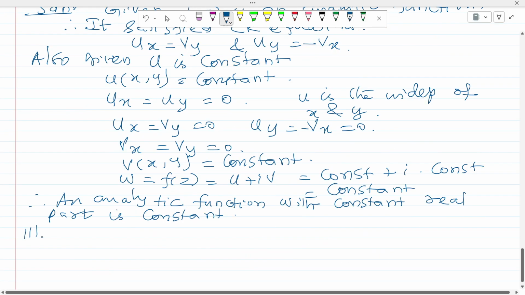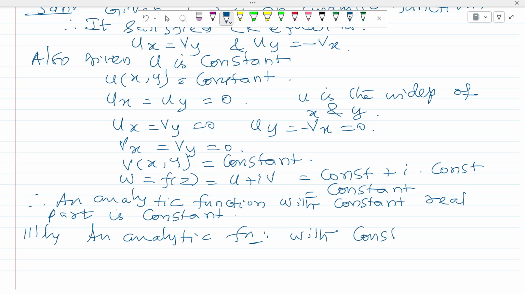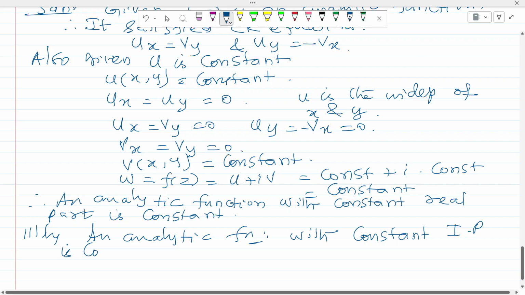Similarly, an analytic function with the constant imaginary part is constant.